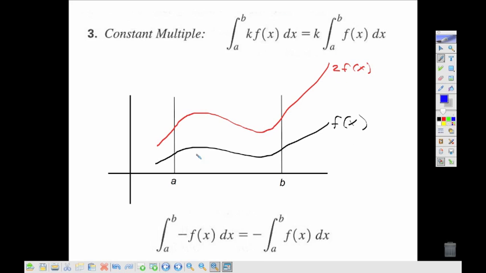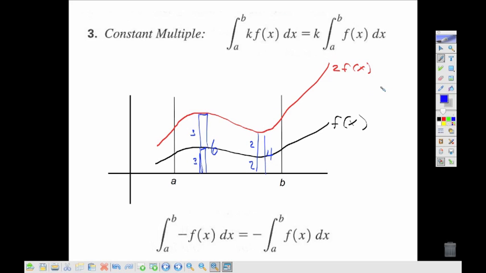A constant multiple looks something like this. If I have f of x and I double it, notice that each one of the rectangles that I'm taking for any one of these sections would just be double. So if this had maybe a height of 3, then doubling it, I have a height of 6. Or maybe somewhere else it's 2, so I double it, I have a height of 4. So each one of these rectangles is being doubled.